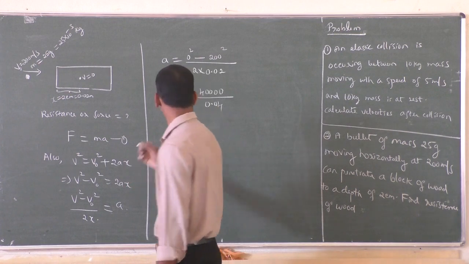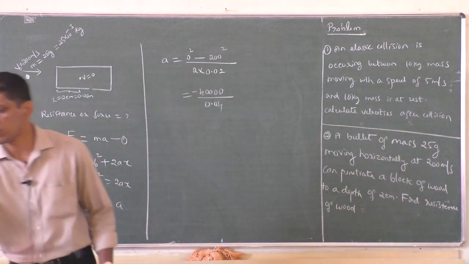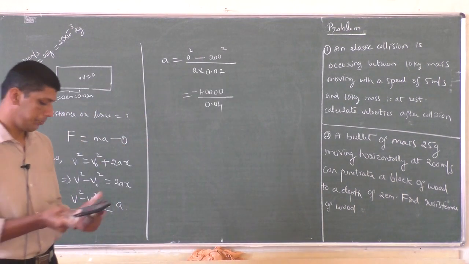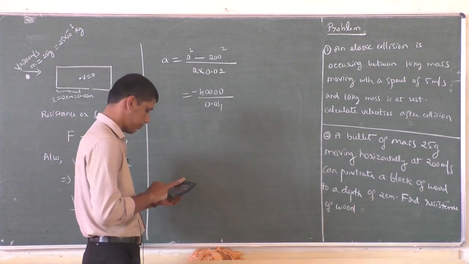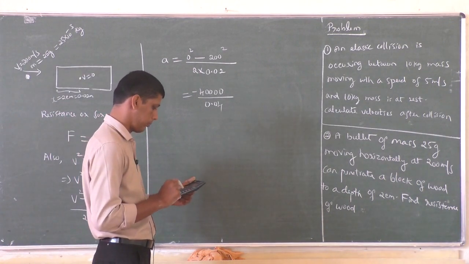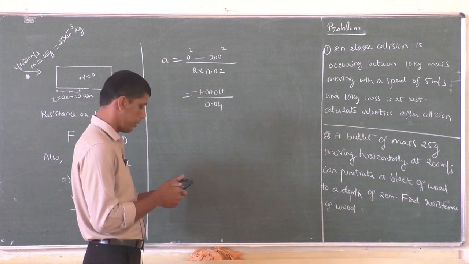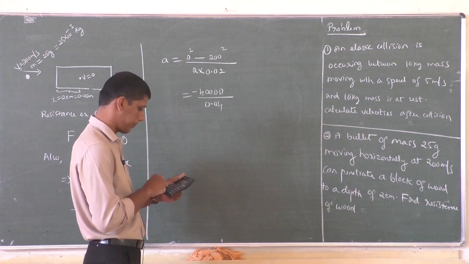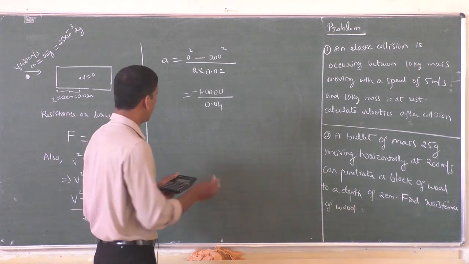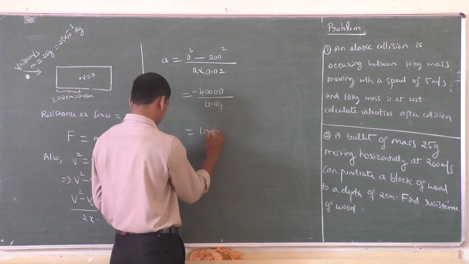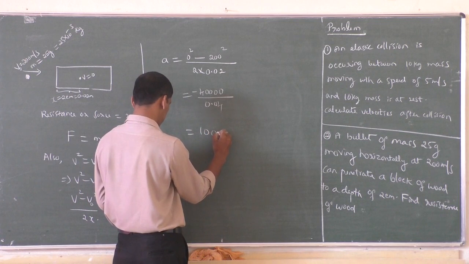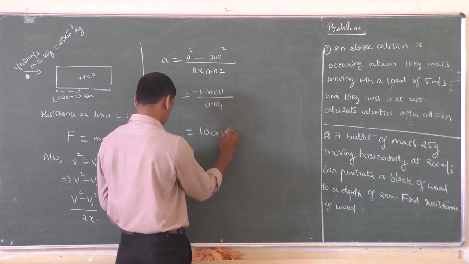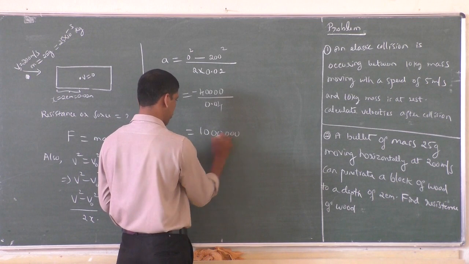0.04. Now we have to solve this one with the negative sign. 40,000 divided by 0.04 is equal to, answer obtained is 1,000,000.